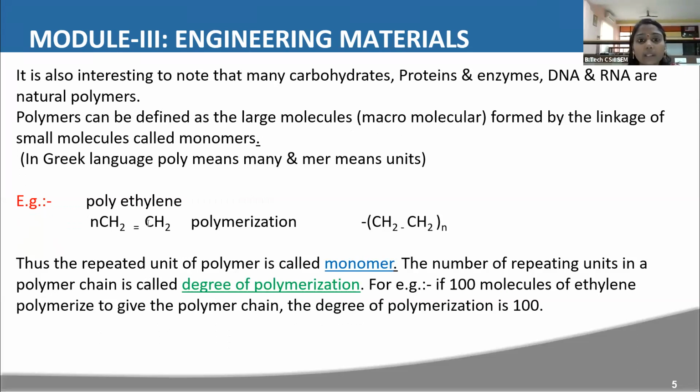Polyethylene. Poly means number of, and ethylene: eth means two carbons, ene means double bond. Already you know the valency of carbon. What is the valency of carbon? Four. Nice. So how many hydrogens are present on each carbon?